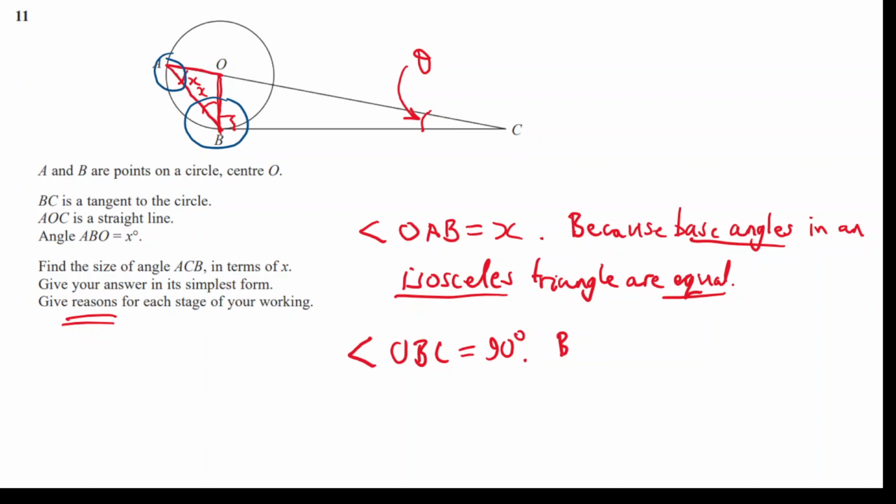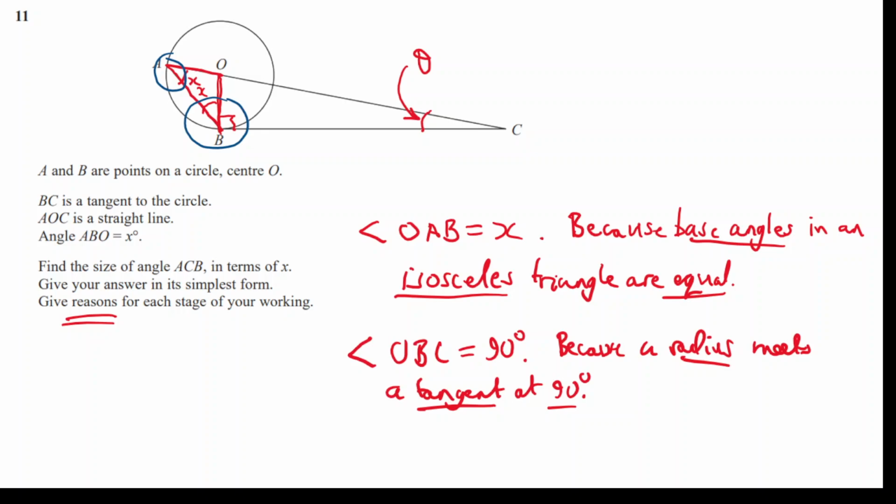And the reason is because a radius meets a tangent at 90 degrees, or you could use the word perpendicular. Okay, so radius, tangent, 90 degrees. They're the key parts of that written response, that reasoning.